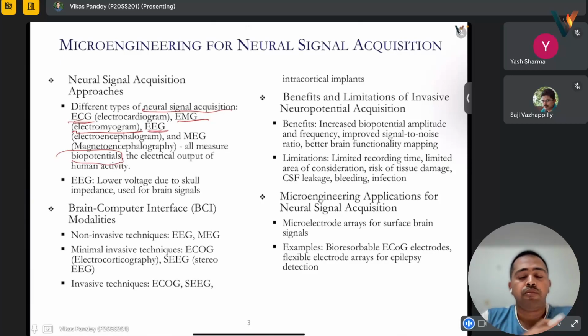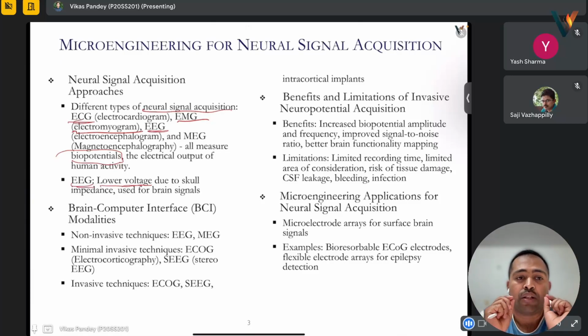One of the most common for neural science is EEG, which has very small voltage, since the skull itself is in between. In this we are not getting inside the brain. Electrodes are put on the surface, that is on the skull and outer surface.